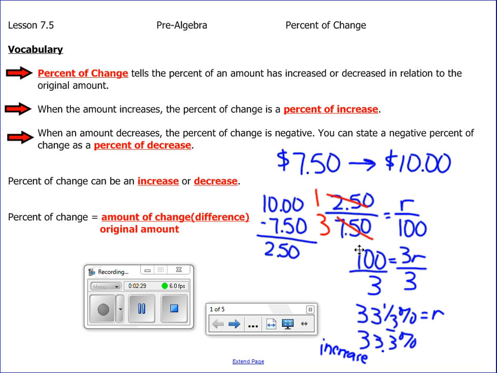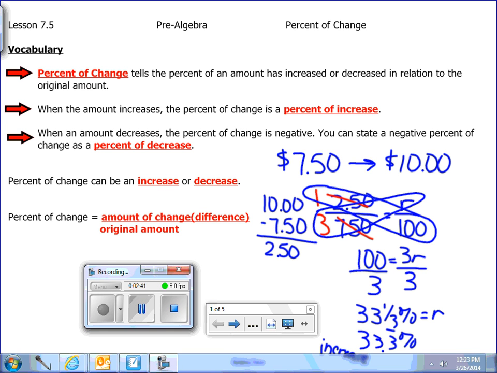So if the minimum wage is passed to $10 an hour, the percent of increase would be 33 1/3% increase. So again, notice that you will not have a negative for your numerator. You're just going to subtract the two to determine the difference. Just put the larger number on top and subtract the smaller.